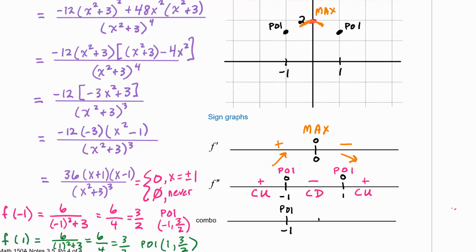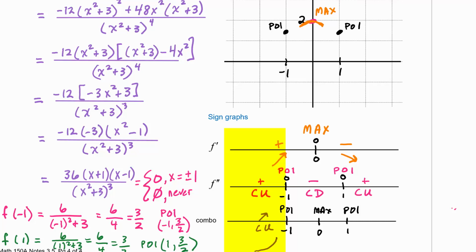We're going to put 0 where we know there's a max. And we're going to put +1 where we know there is another point of inflection. So from -infinity until -1, we can see that the graph is increasing and concave up. So that has to look like this.